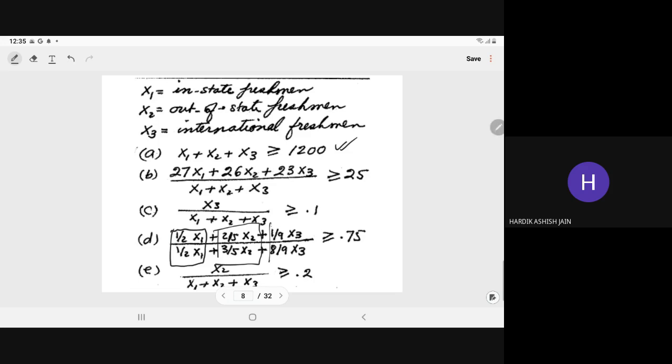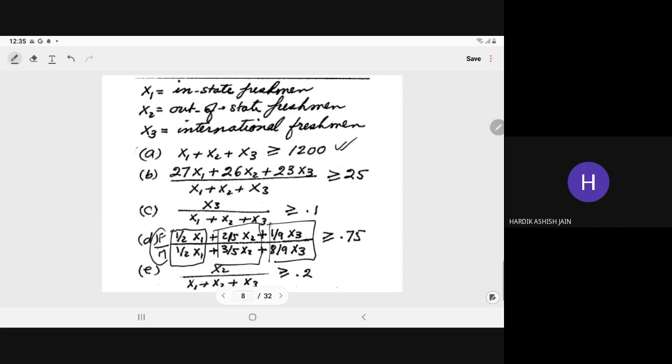Similarly, for international students, the male-female ratio is 8:1. So the number of females will become 1/2 x1 plus 2/5 x2 plus 1/9 x3, and the number of males will become 1/2 x1 plus 3/5 x2 plus 8/9 x3.